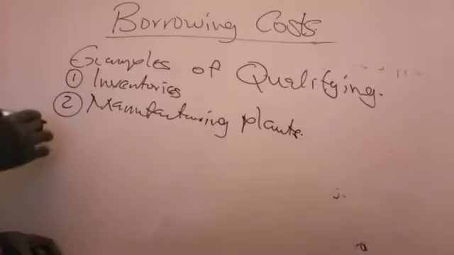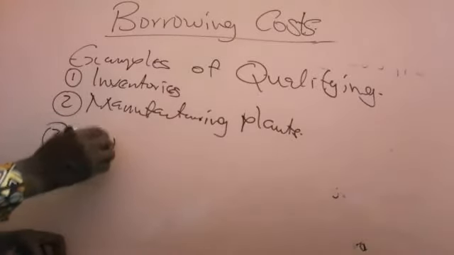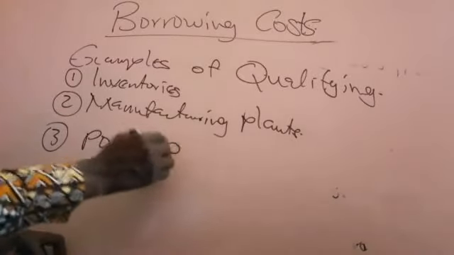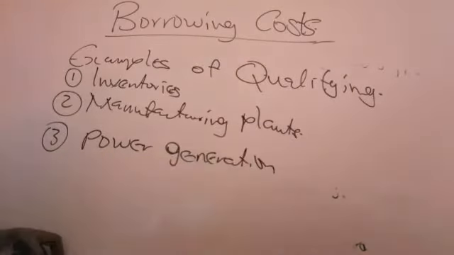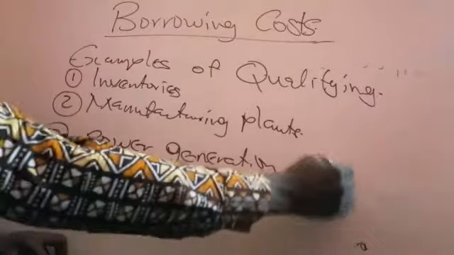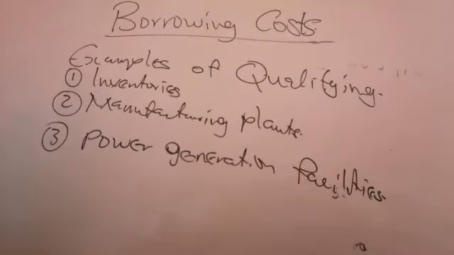Manufacturing plants. Then three, power generation facilities. Good. Then we talk about intangible assets, which is IAS 38, right?